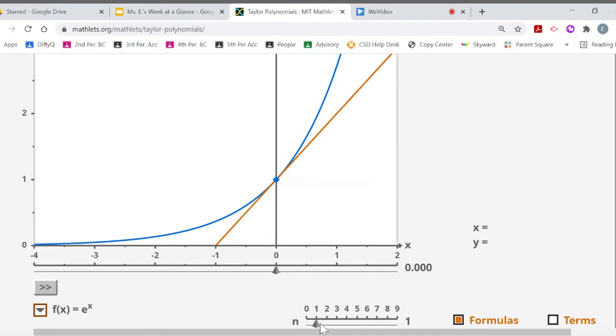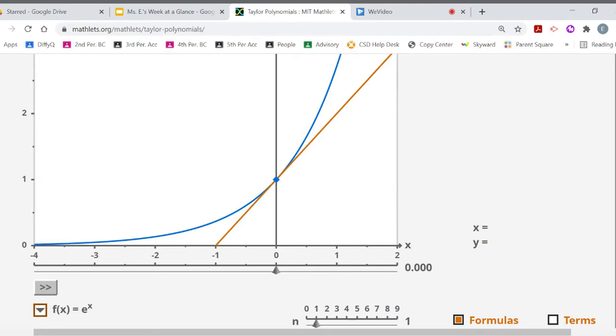But with this one, I could use the line graph as a pretty decent approximation of e to the x from maybe negative 0.2 to positive 0.2 or so. So the neighborhood around zero for which my line is a good approximation for the e to the x graph is growing. But it's still pretty bad, right?